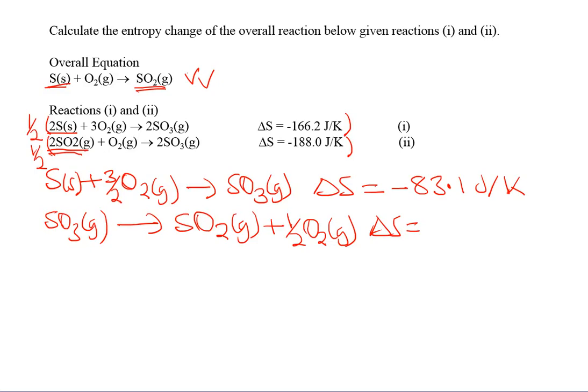So the delta S of this reaction, this negative here will reverse to become positive, and then you divide this whole thing by 2. So 188 divided by 2, which will become positive 94 joules per Kelvin.